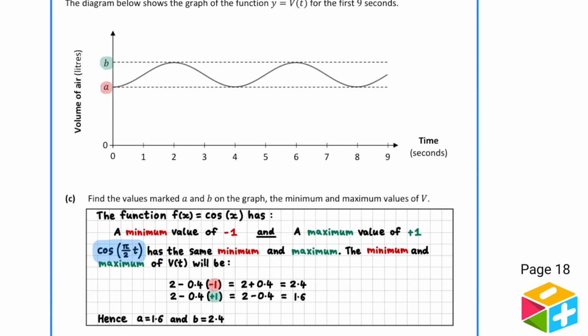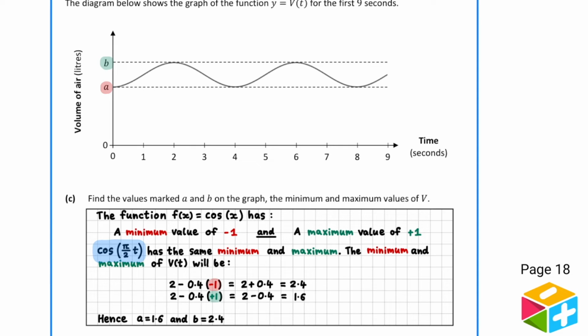When we put in -1, we get 2 minus 0.4 times -1. This comes out as 2.4. When we put in +1, V is equal to 2 minus 0.4 times +1. This comes out as 1.6.